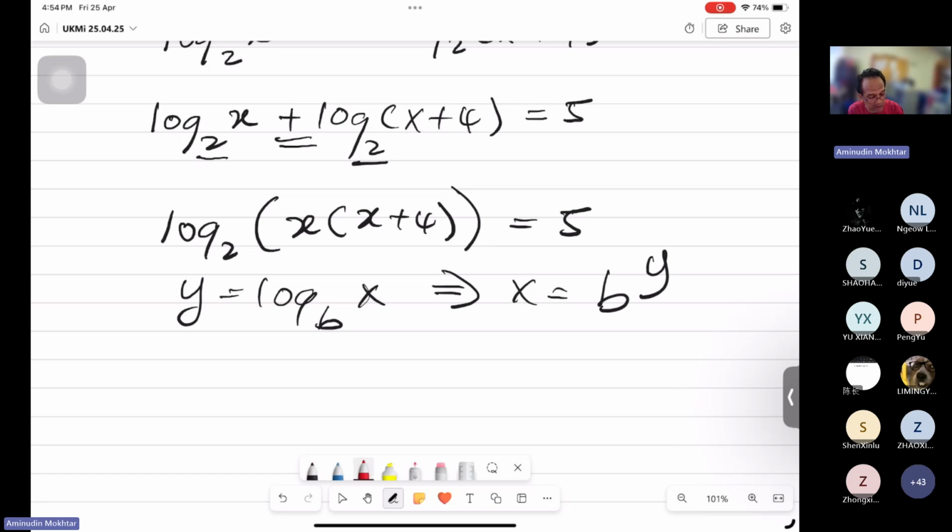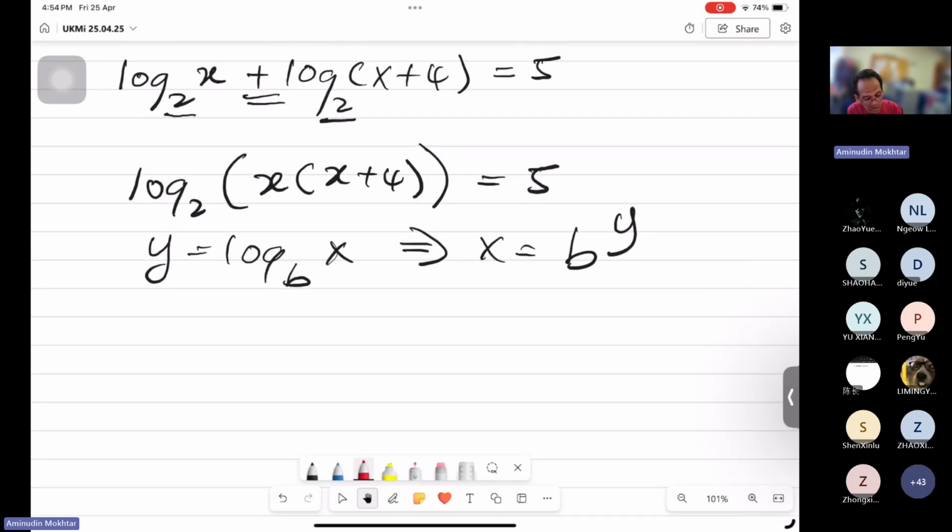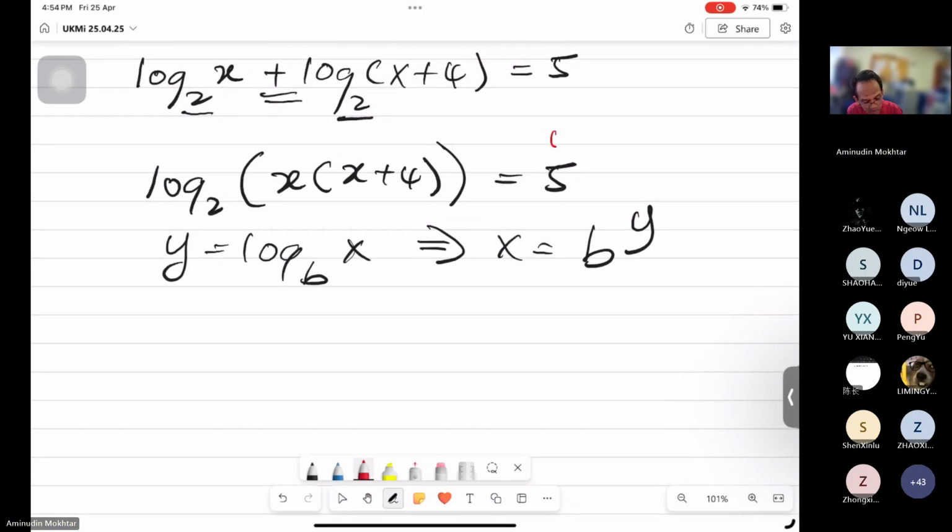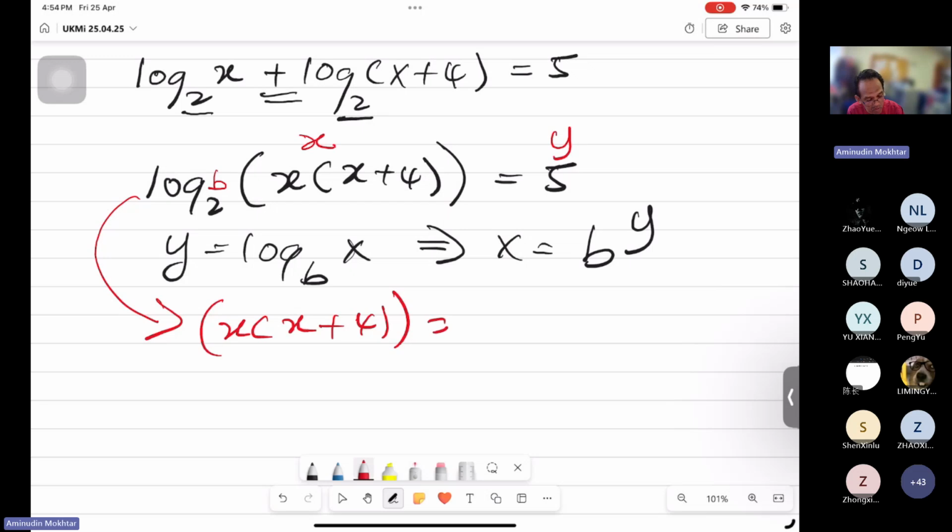Based on the equation, this is y, b equal to 2, and this is x. So this can be written as x times x plus 4 equal to 2 to the power of 5.